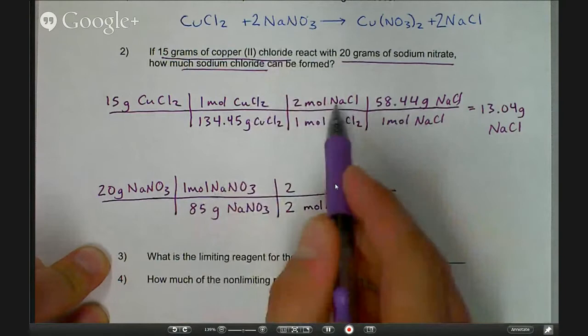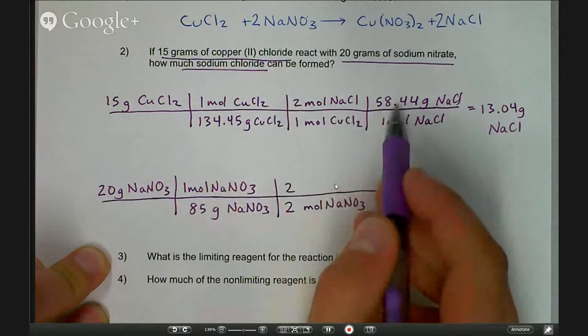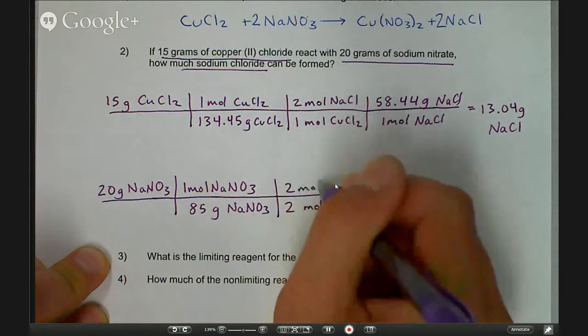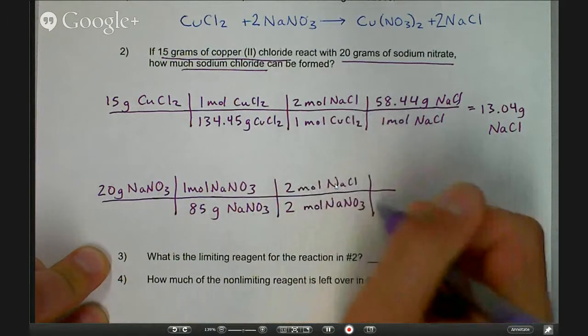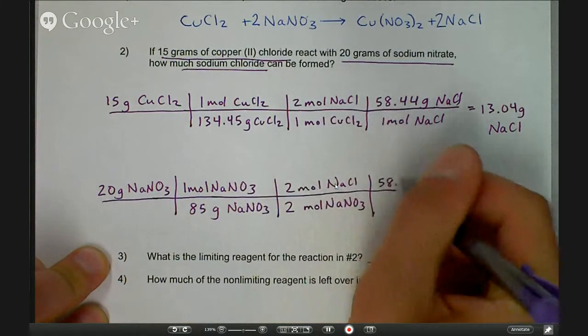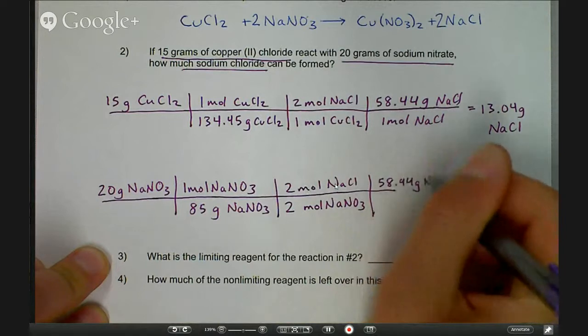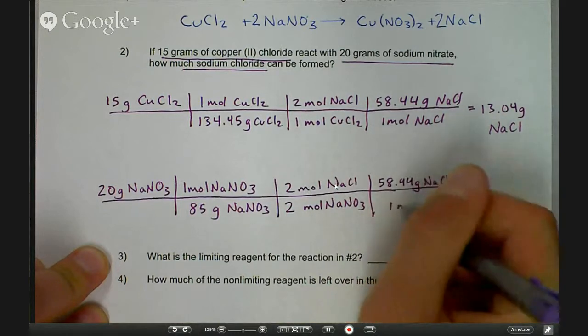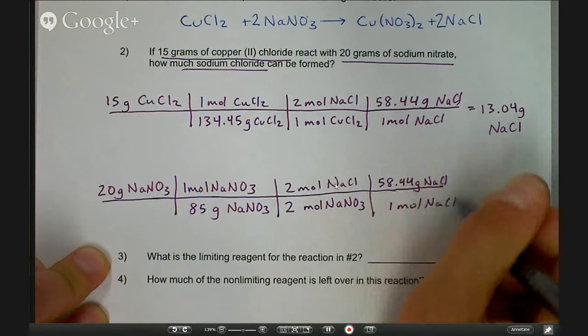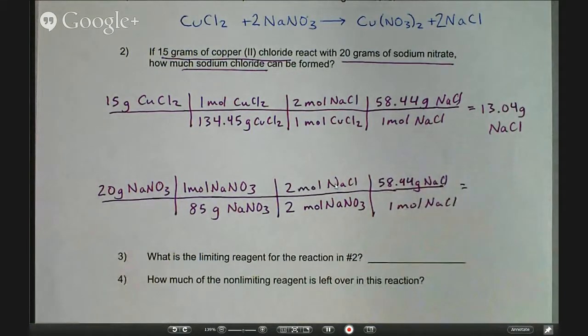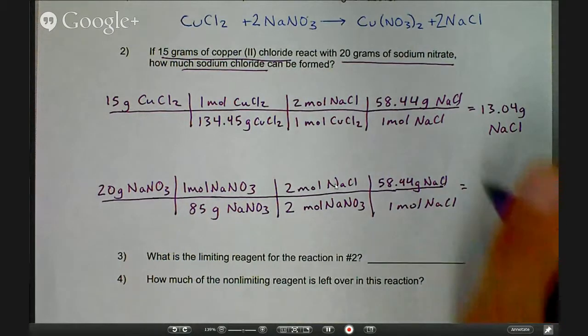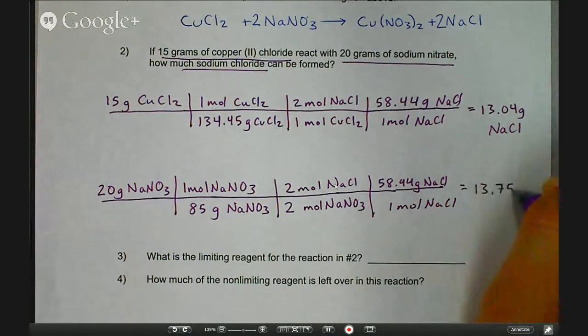The rest, the 2 moles of sodium chloride and the grams per mole, stays the same, per 1 mole of sodium chloride. Now I'll do it in my calculator: 20 times 2 times 58.44 divided by 85 times 2. I come out with 13.75 grams of sodium chloride.